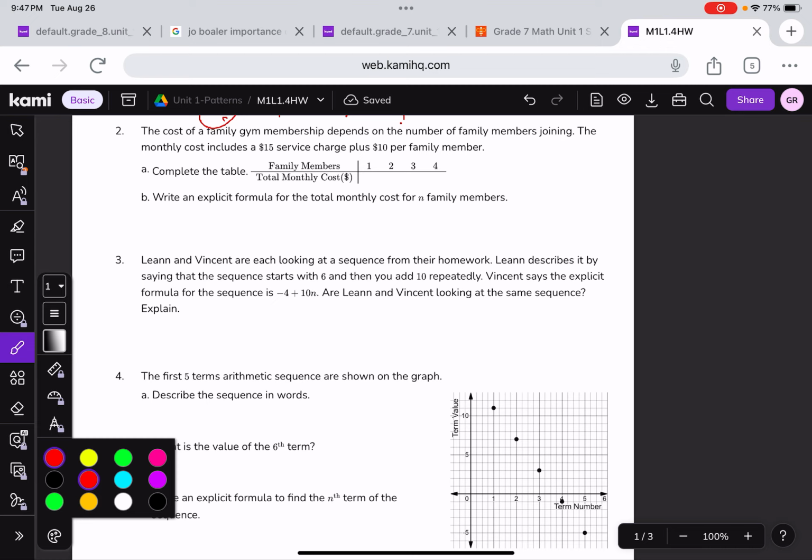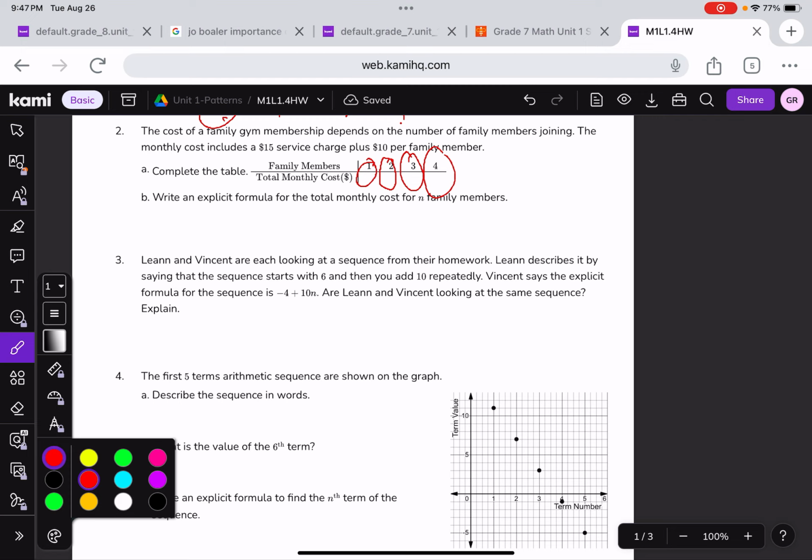So two family members would be 10 plus 10, or 10 times 2, plus the $15 service charge, right? So whatever goes there, whatever goes there. 4 family members would obviously be $40 plus the 15, right? So 55.